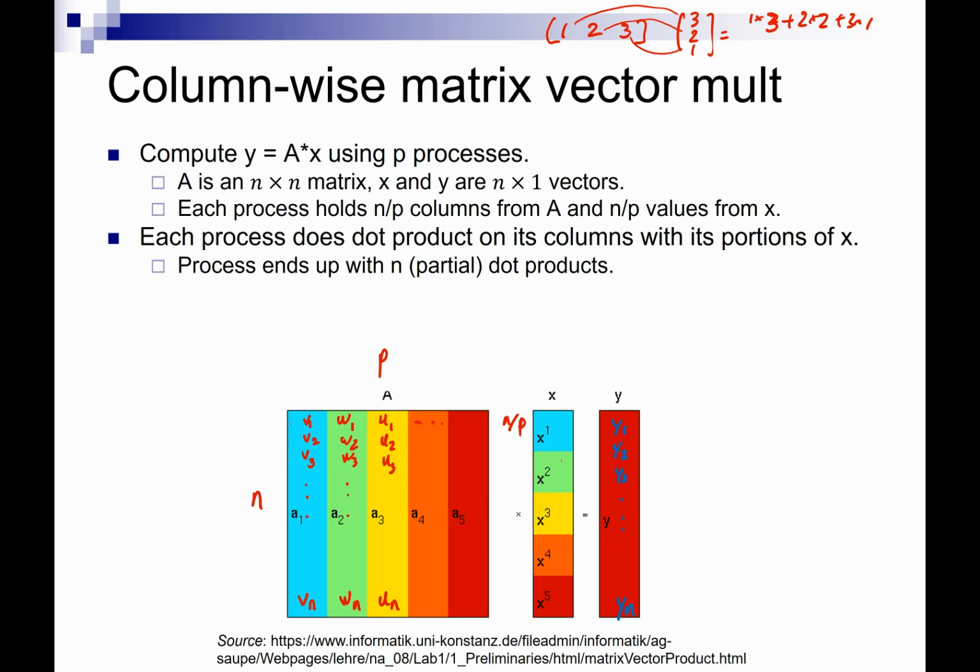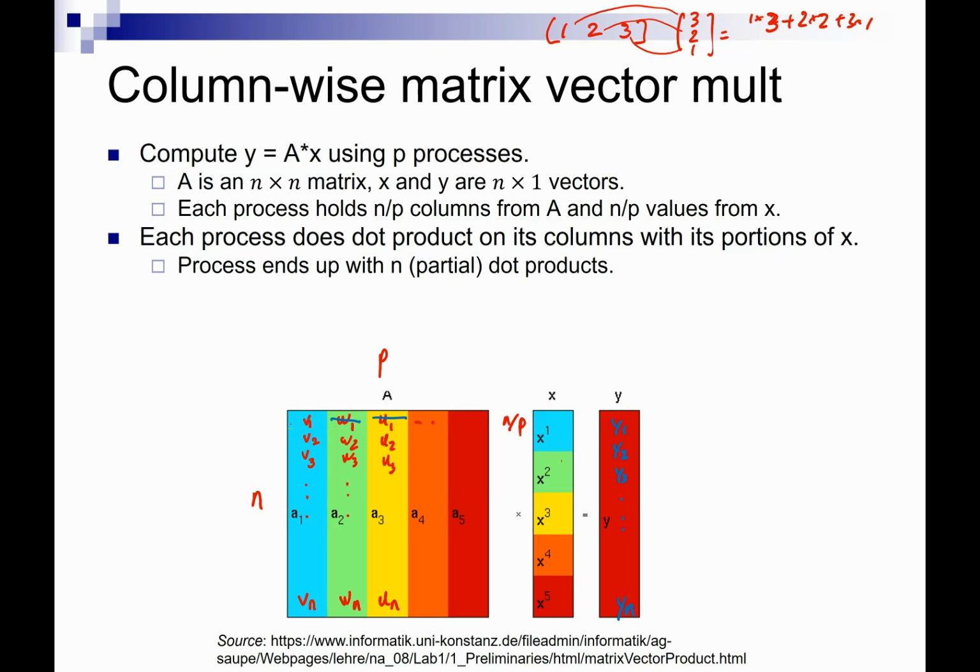So what is y1? y1 is equal to this entire row multiplied by this entire vector x. Now how do we get y1? If you look at these individual values, the v1, the w1, and the u1, each of these is part of this row, so each of these is part of the overall value of y1.